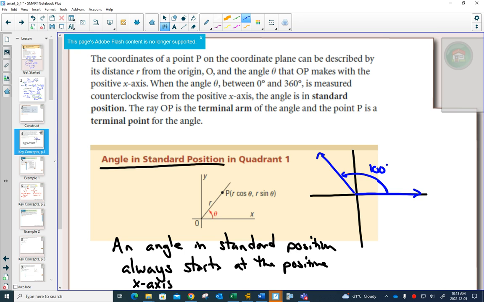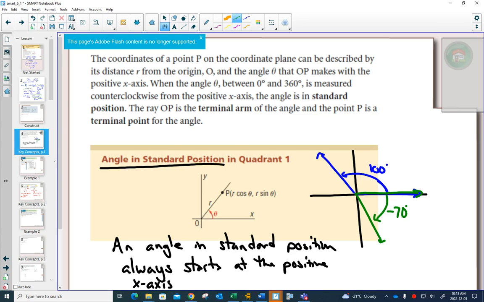So this would be 100 degrees in standard position. It has to start at the positive x-axis, and every positive angle goes counterclockwise. You could have an angle in standard position that's negative, right? I could go this direction, and we would call that negative 70 degrees.